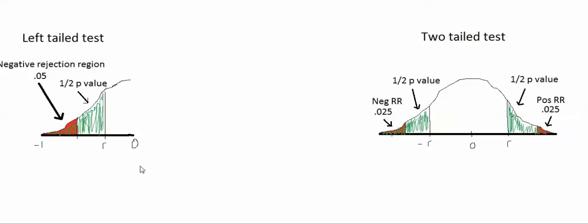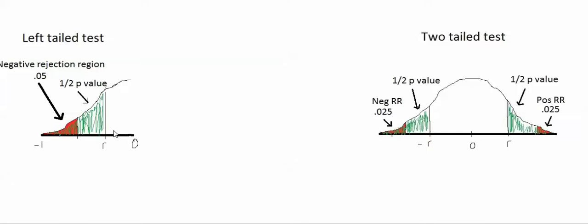So in a left-tailed test, the researcher is reasonably confident that the sample correlation coefficient will end up falling between 0 and negative 1 at the left end of the number line. And the researcher looks up the negative critical value, which will be right here, and the researcher is only using the negative critical value in a left-tailed test.